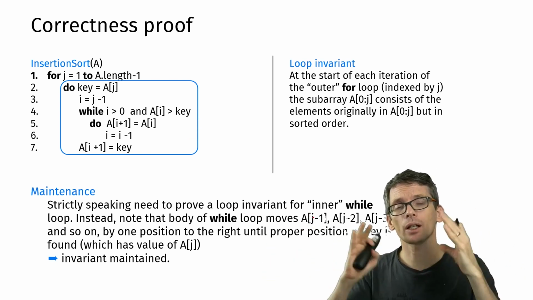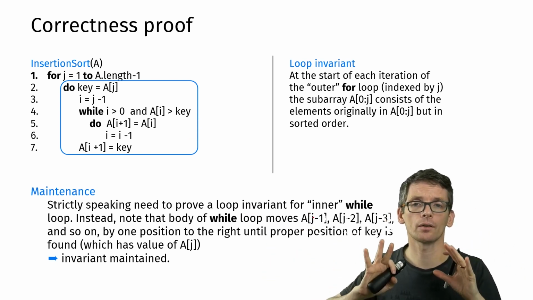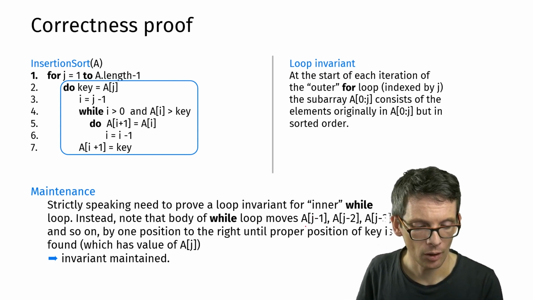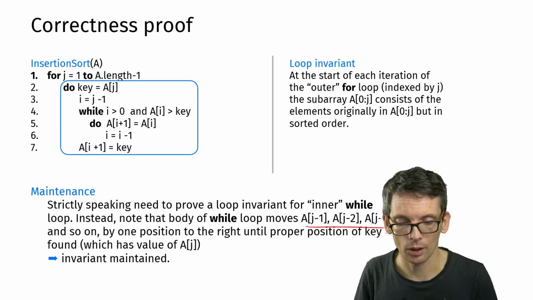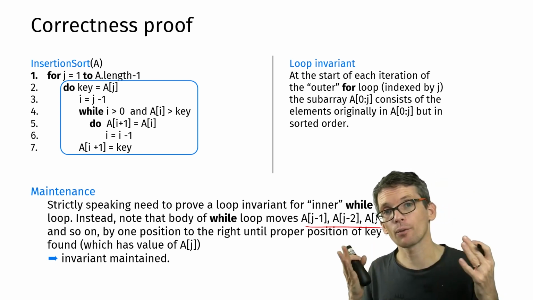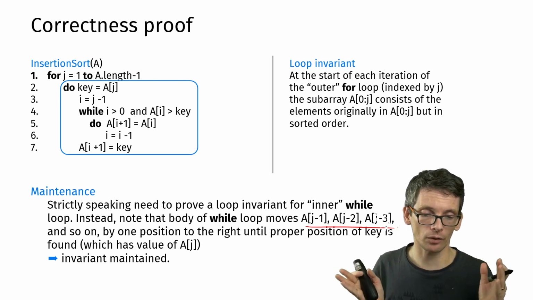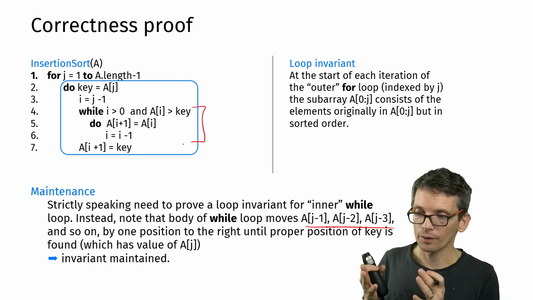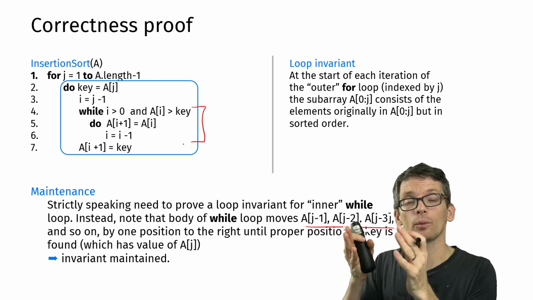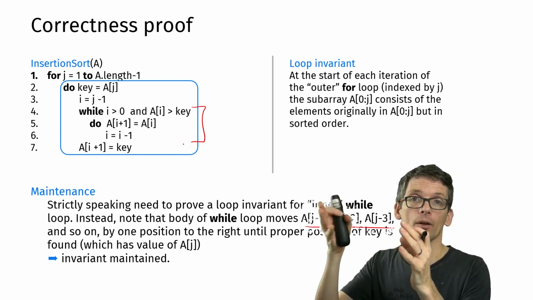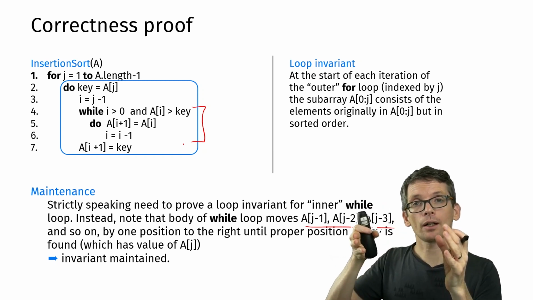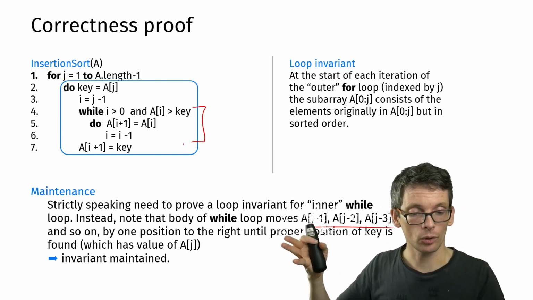Maintenance. Strictly speaking, I should say what the while loop does, but let's simply assume that it correctly moves elements to the right until I can insert the new element. If we assume that, then for maintenance there's not so much to prove, because if previously everything was sorted, then moving everything that is larger than my current element by 1 and placing the new element there again gives me everything sorted.